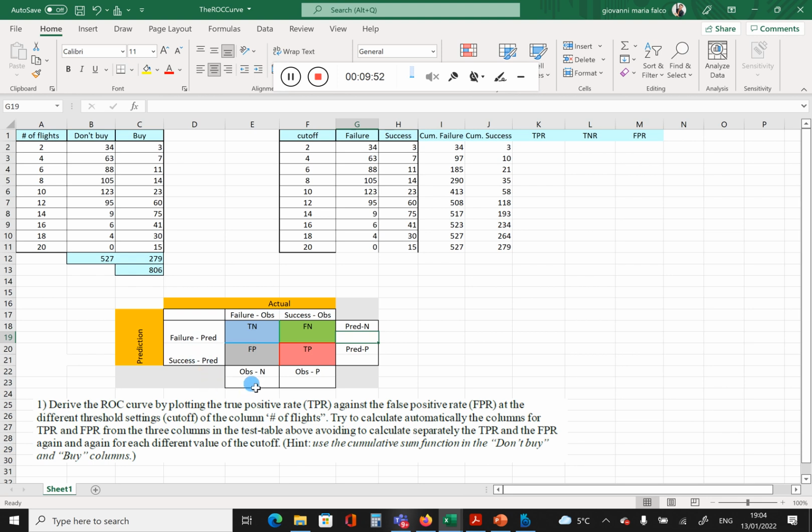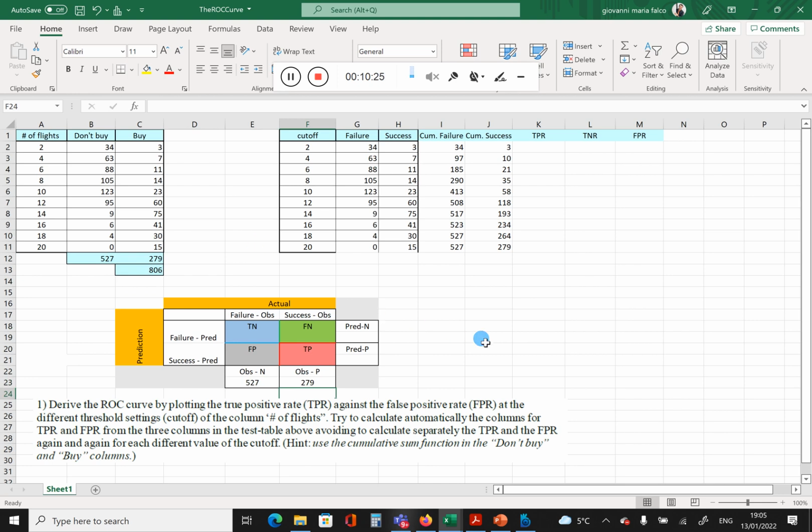So the total observed negative must be 527, and the total observed real buy successes are equal to 279.